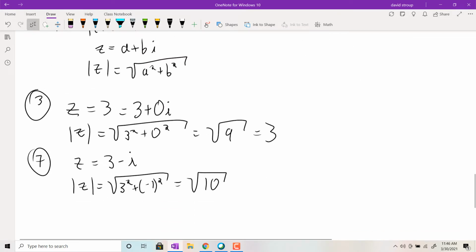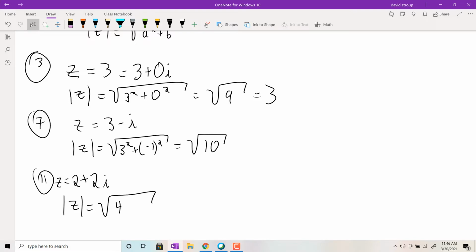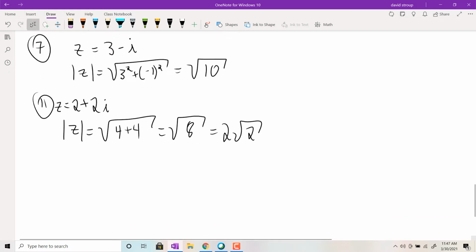Let's look at some more. Yeah, got some more. Number 11. It's pretty easy. It's just a matter of remembering how to do this on a test. So the absolute value of z here is the square root of 4 plus 4, which is square root of 8, which is 2 root 2. Okay, that means I just got an email. Let's look at 13.